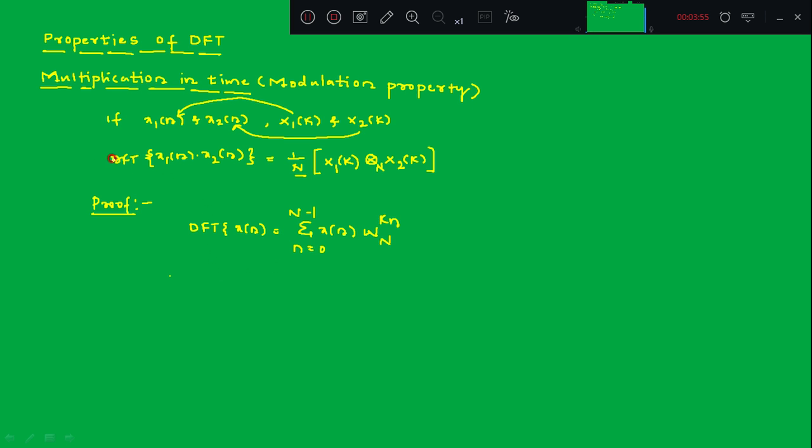Now what we have to prove is that the DFT of the product of these two sequences is equal to 1 divided by N times X1 of k circular convolution with X2 of k, right? So let us write x1 of n and x2 of n in place of x of n, that is the multiplied sequence.